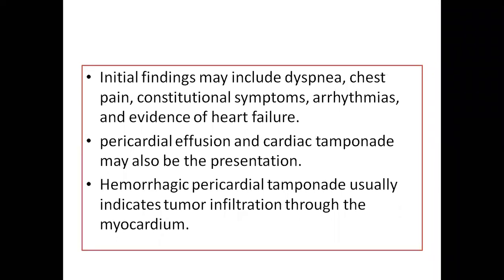Initial findings are chest pain, constitutional symptoms, dyspnea, and evidence of heart failure. Pericardial effusion and tamponade can be a presentation. Hemorrhagic pericardial effusion or tamponade usually indicates tumor infiltration into the myocardium.